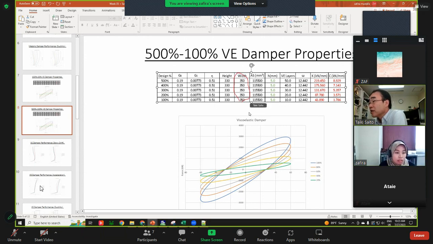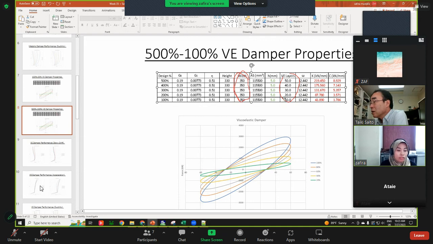Why is it the same width? If it's a layer, why the same width for a different layer number? Because we only control by the layers. So every steel beam can have the same area for the viscoelastic.